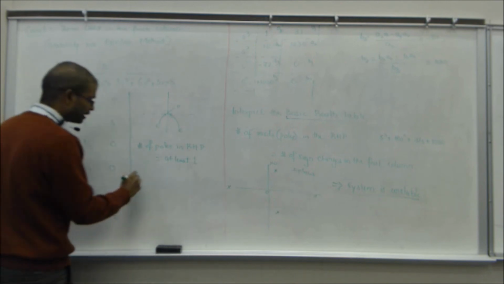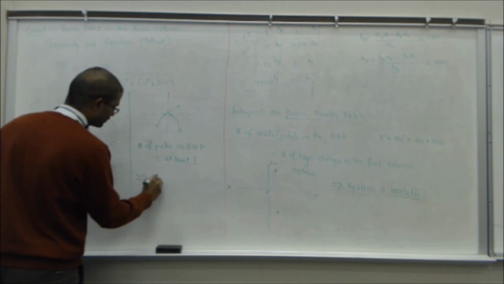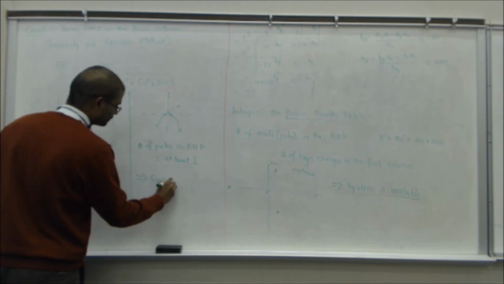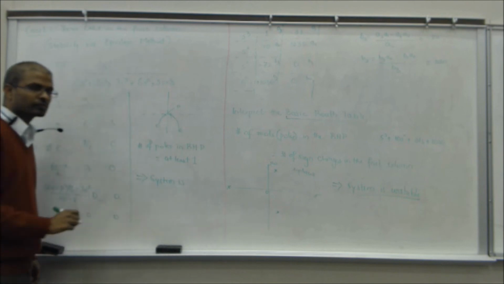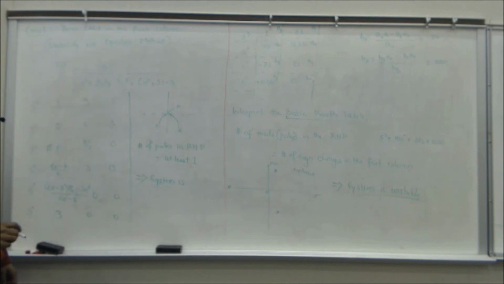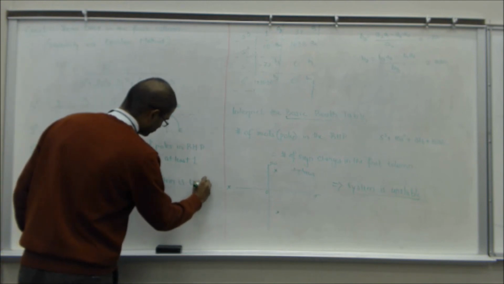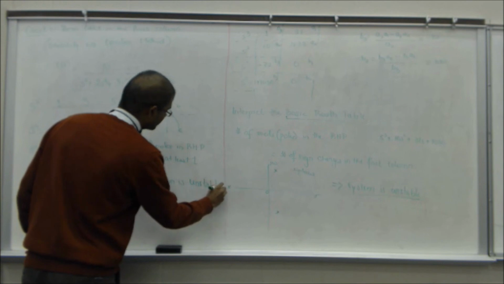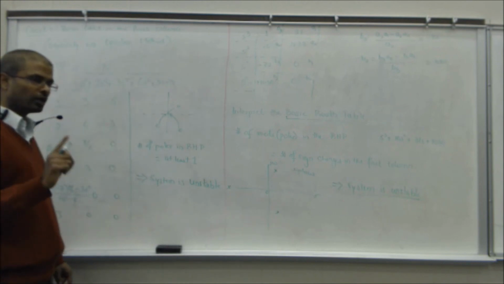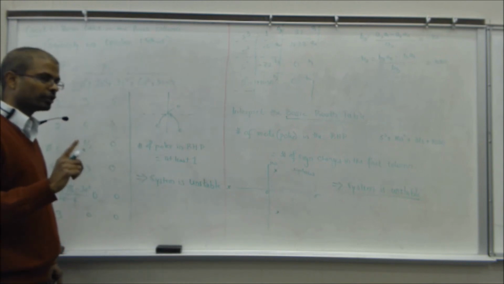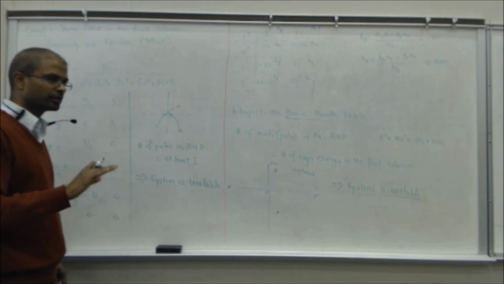Which implies the system is, what did we say? The system is unstable. If there is even one pole in the right half plane, then the system is unstable.